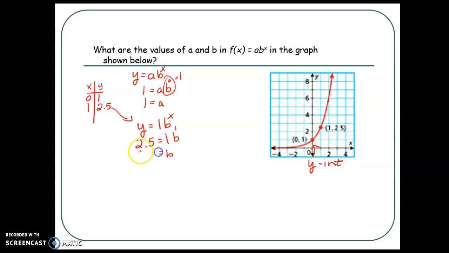So b is going to equal 2.5. Don't even need to take a square root or do anything. You have a and b right off the bat right here. So y equals 2.5 to the x. Like I said, pretty simple.